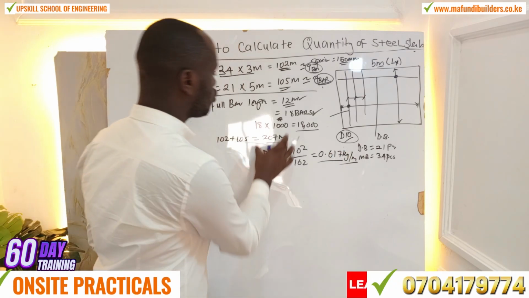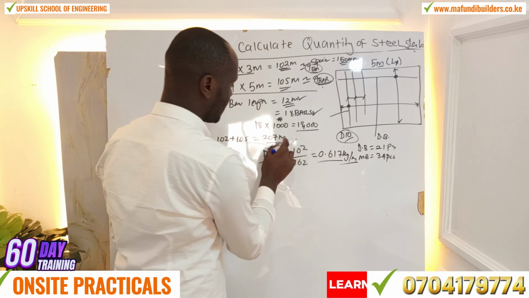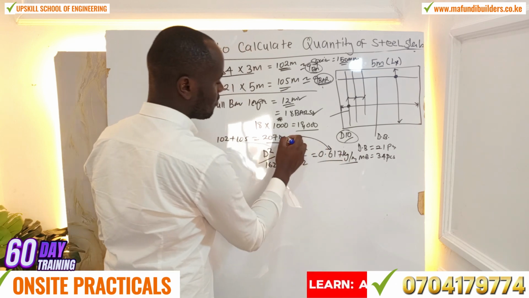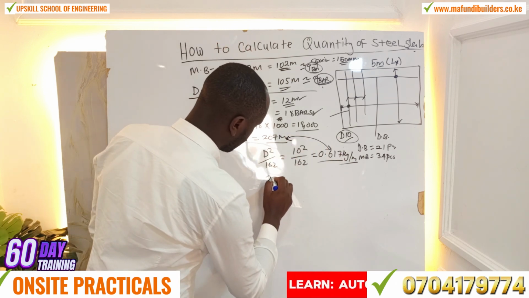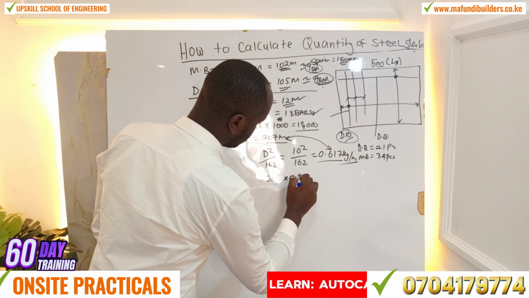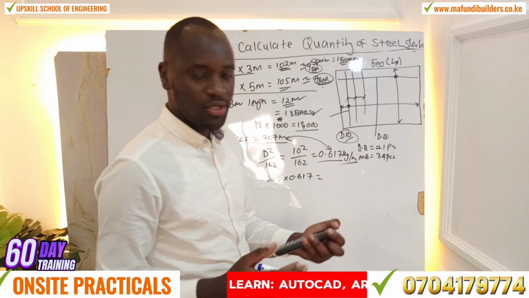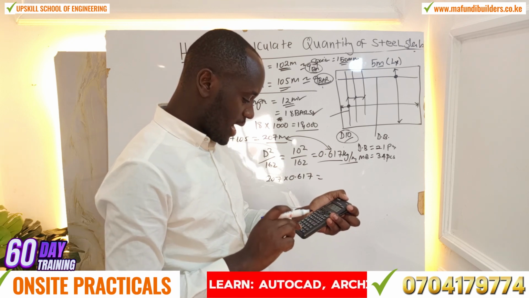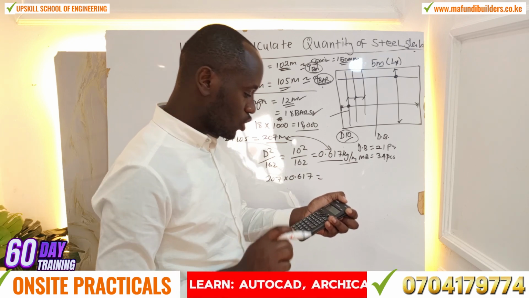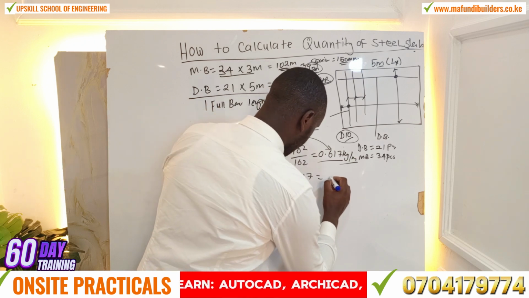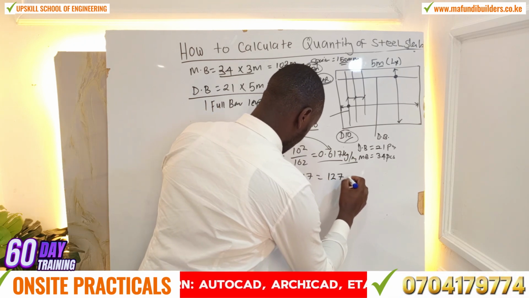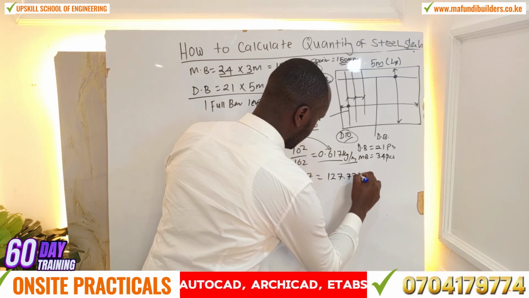So what about 207 meters? You're going to take this value and multiply by this, right? So you're going to say 207 multiplied by 0.617. So we get the cumulative weight of that. So the cumulative weight is actually 127.77 kg.